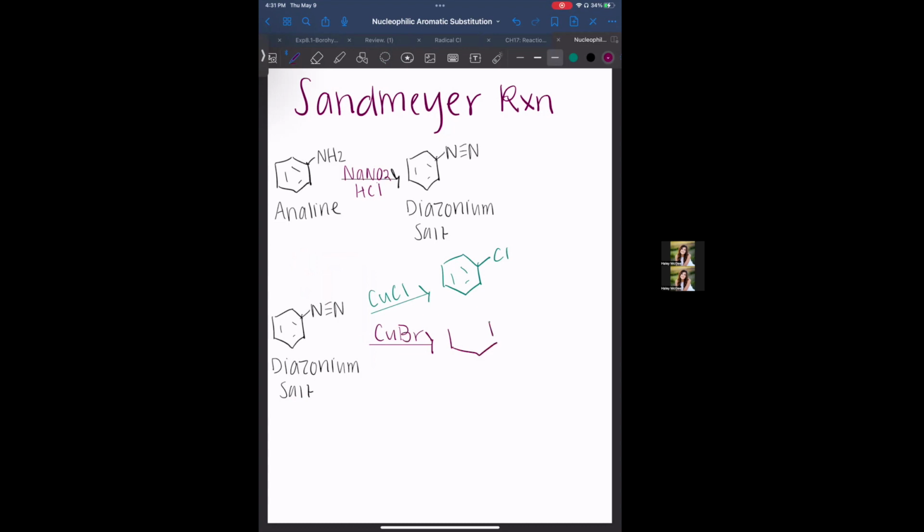And just like we saw with the chlorine, we're going to replace those two nitrogens with a bromine. Or, alternatively, we could react it with an H3O+, and this is going to replace those two nitrogens with an OH. So now that we kind of get what the Sandmeyer reaction is, let's go into the mechanism.